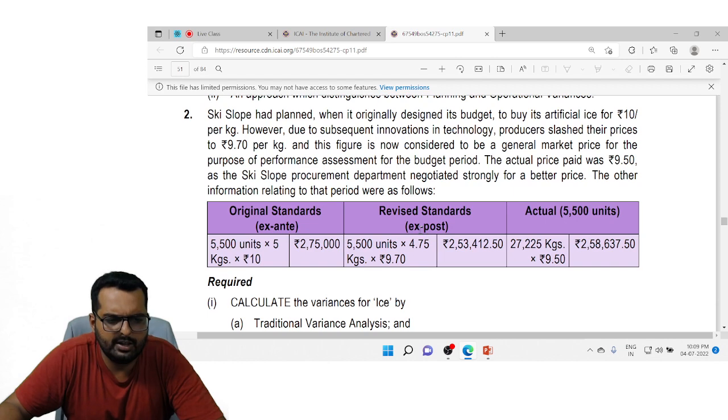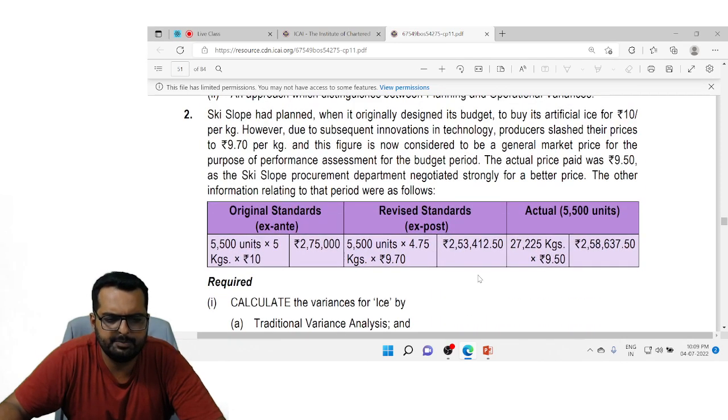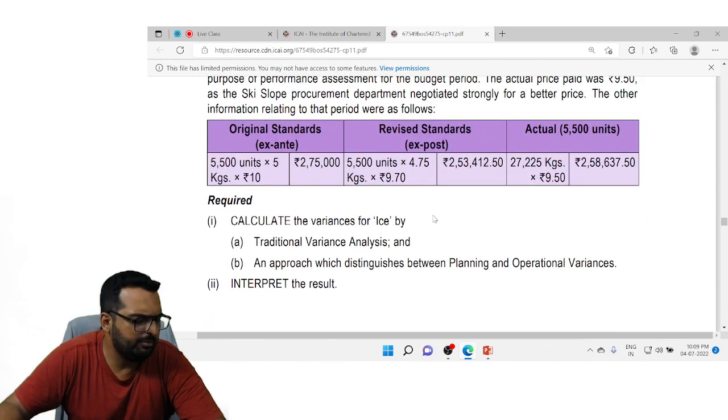Okay. Look at this. This is very easy. Original standard is given, revised standard is given, and the actual is also given. Can you do this on your own, friends? I'll give you 5 minutes time. Do it on your own.